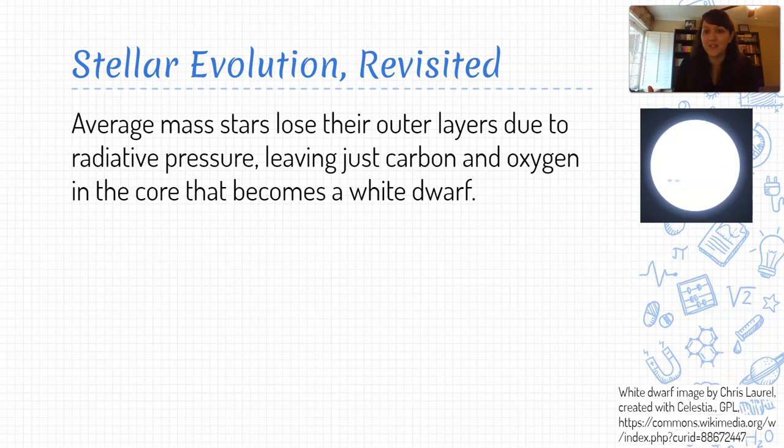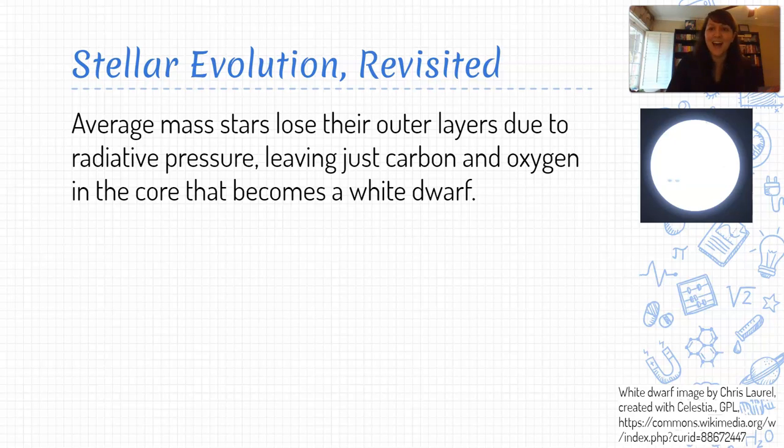It's at the end of its life, because it no longer has nuclear fusion reactions powering it. We're just seeing residual light that's still being emitted from the star, but it's not continuing to fuse different nuclei and produce more light. Okay, so that's the fate of average mass stars.